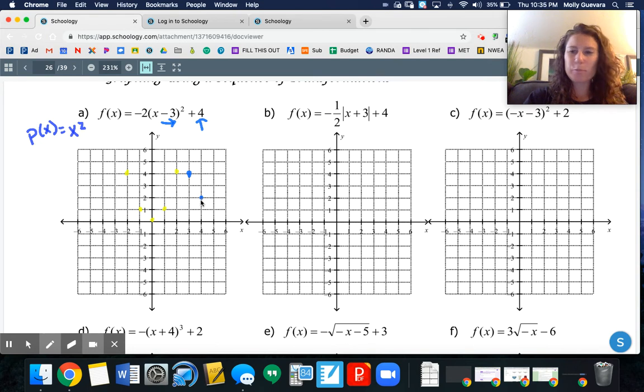And because parabolas are symmetrical, I can just go ahead and draw it on the other side too. I don't have to actually calculate it. All right, and then the last one is 2, 4. The y-coordinate of that is 4. So when I multiply it by 2, I get 8.